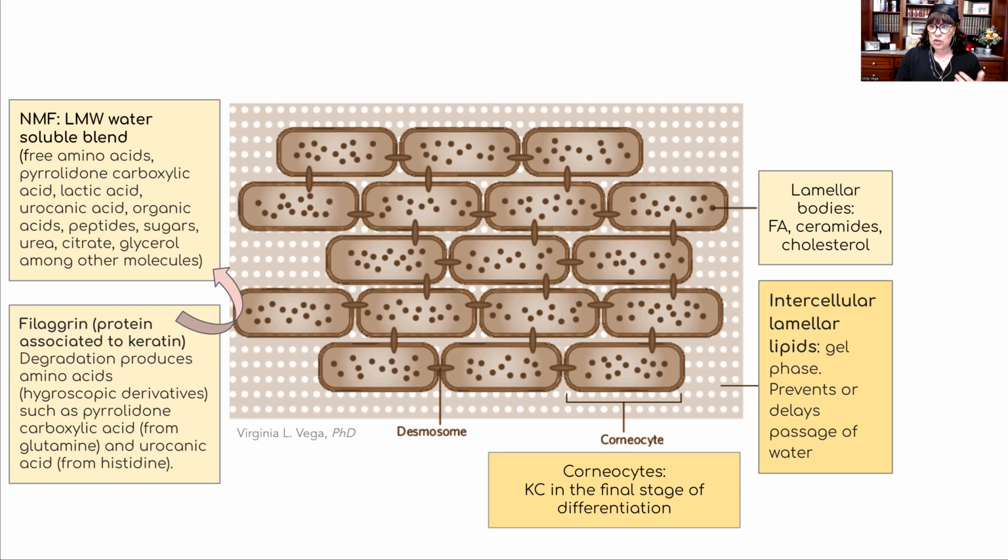Filaggrin is a protein that is associated with keratin, and its degradation produces these hygroscopic, so water-loving, amino acids and acids whose role is to trap the water from the atmosphere into the skin. Once the water is in the skin, it can be moved inside the cells where it is needed. So a very important function of the natural moisturizing factor is to trap the water from the atmosphere.